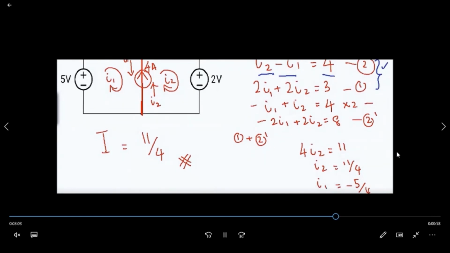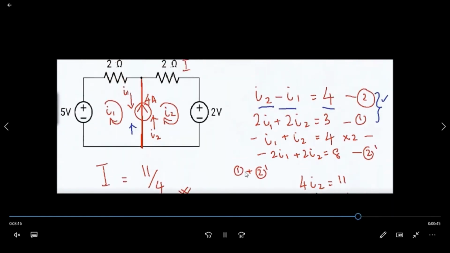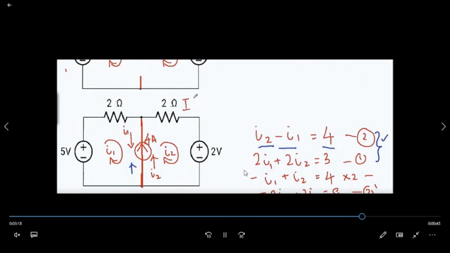Then you will get I1 equal to negative 5/4. It is just mathematics, then you can solve the value of I2. If the question asks, what is the value of I? This is a capital I. So what is I here?